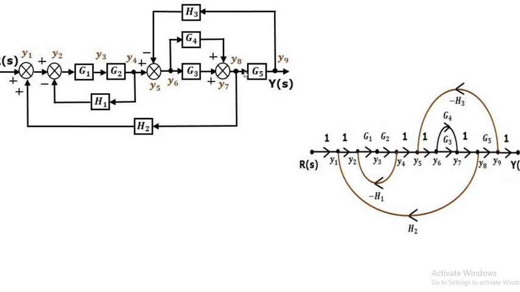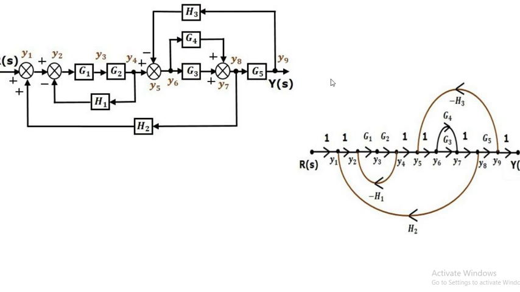See carefully. Lastly, we have to take another node for this takeoff point. For this takeoff point, I have taken the next node as y9. Now this block should be replaced with a branch, so this y8 to y9, and the branch gain should be the block's gain itself.